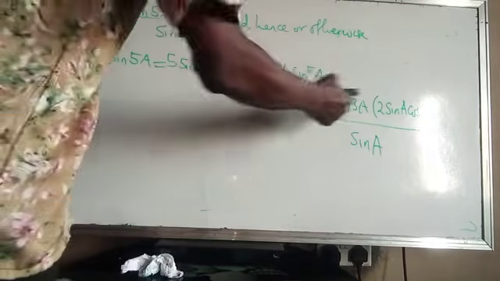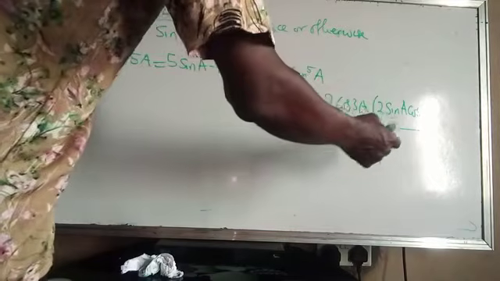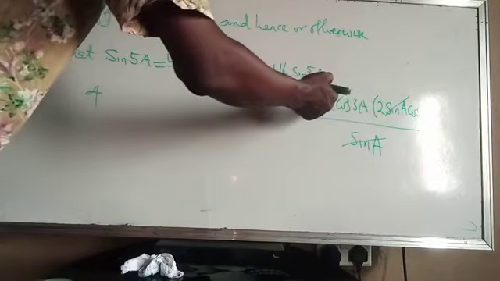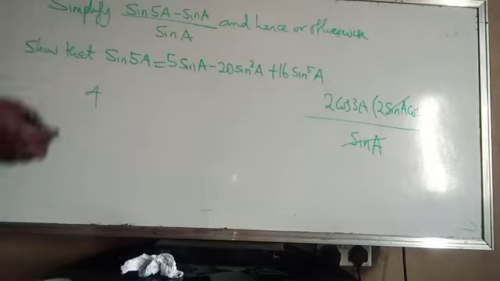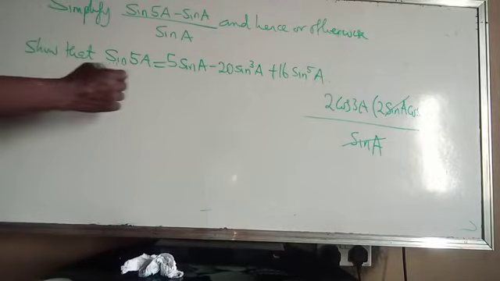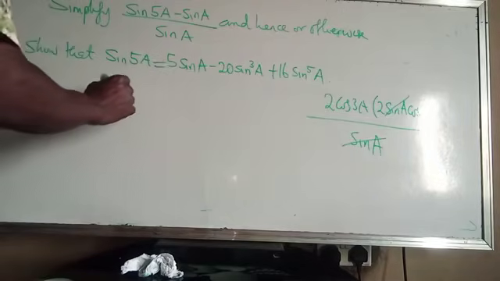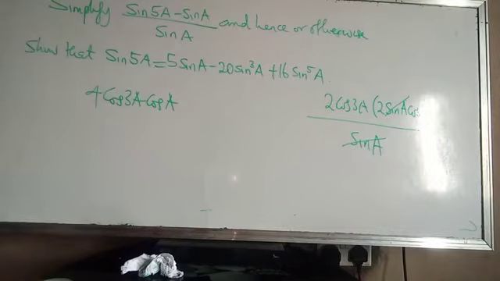Multiplying 2 by 2, you have 4, and sine a here can cancel sine a here. 2 times 2 is 4, cos 3a cos a. That is 4 cos 3a cos a.